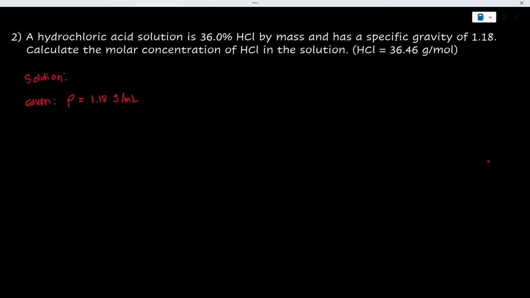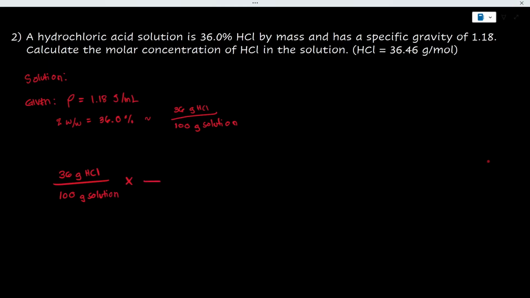Okay, and we have the mass percent, which is 36.0%, and let's convert that to 36 gram HCl per 100 gram solution. And let's solve this. So as usual, let's start with this. So 36 gram of HCl over 100 gram solution.